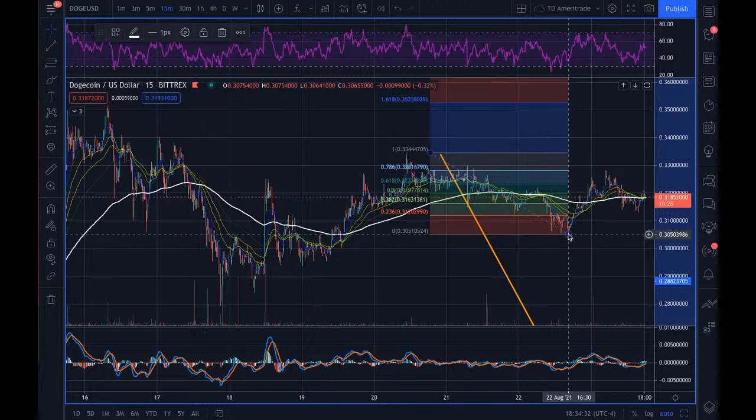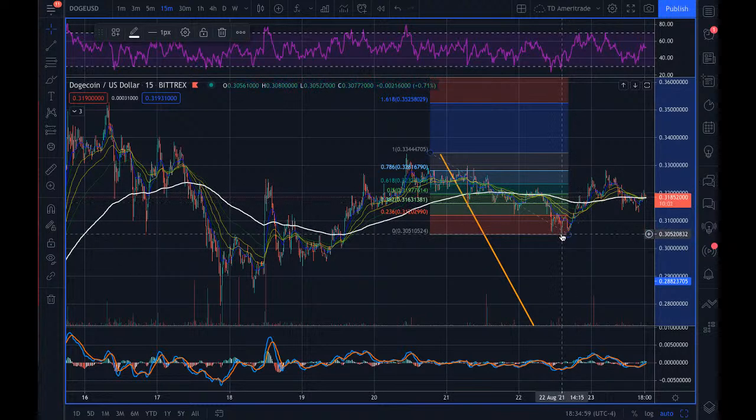We played this yesterday in my secret alert group. There was an alert down here, and the targeted bounce was up to 31.6 cents, to around where that moving average was. It ended up definitely hitting that and went twice as far.